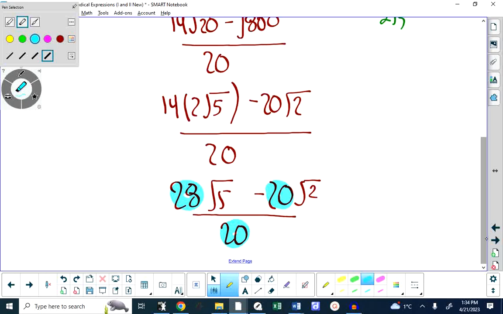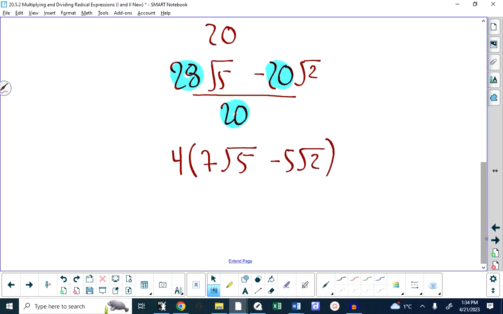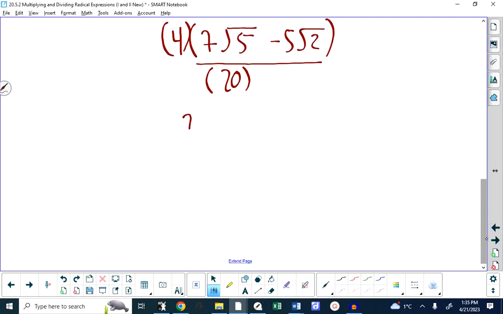Or better yet, I can factor out of the top a 4 and have 7 root 5 minus 5 root 2 over 20, and now the 4 over 20 can reduce down. When I said at the beginning of the class, things are going to pile up, you can see them piling up right away in this lesson. So 4 over 20 is 1 over 5. I end up with 7 root 5 minus 5 root 2 over 5. That's the answer.